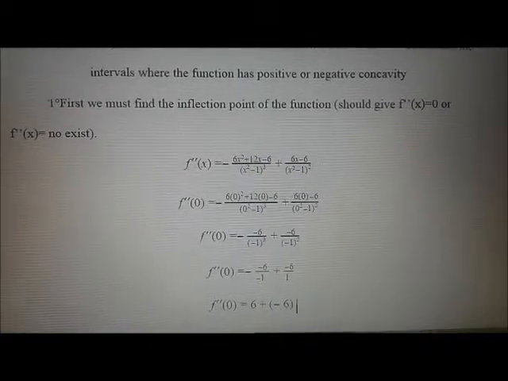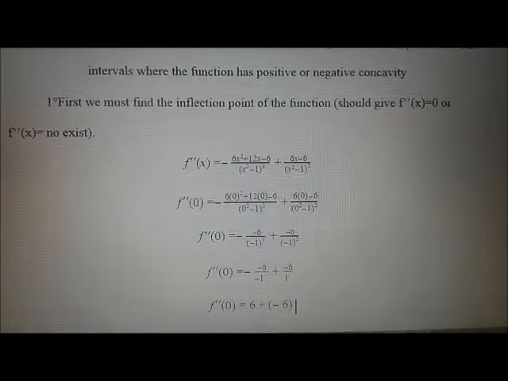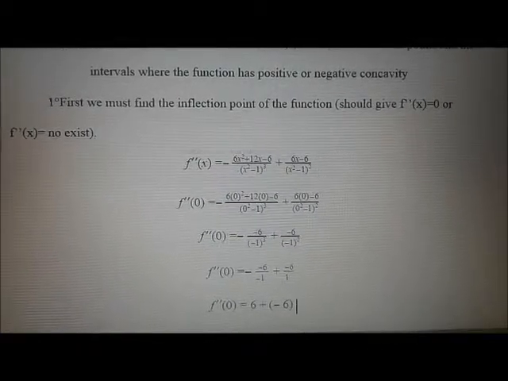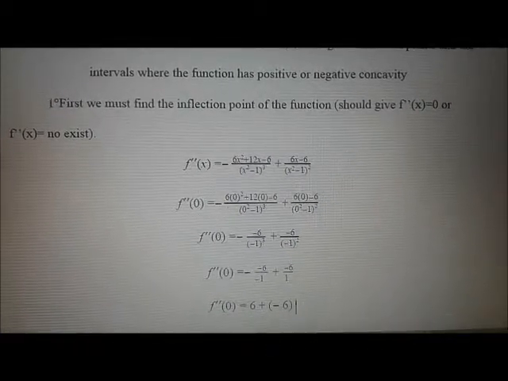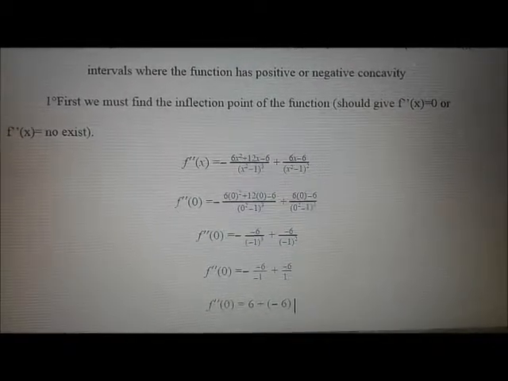So we need to substitute a small value of x, for example 0.